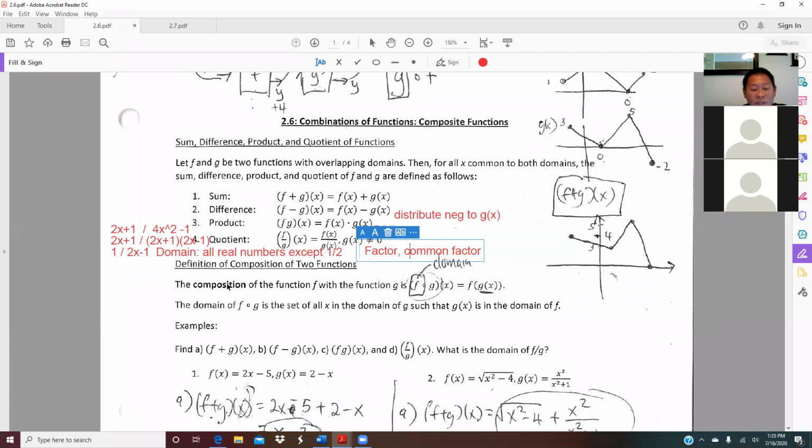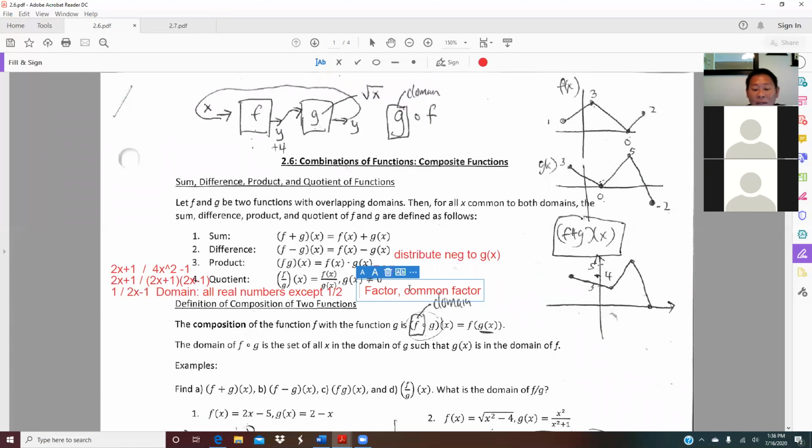The next one is composition of functions. Composition of functions is where the output of one function goes back into the input of the second function. We use the big dot. So f dot g of x: when you have f dot g of x, you start from g of x. You put something into g of x, and the output goes back into f.